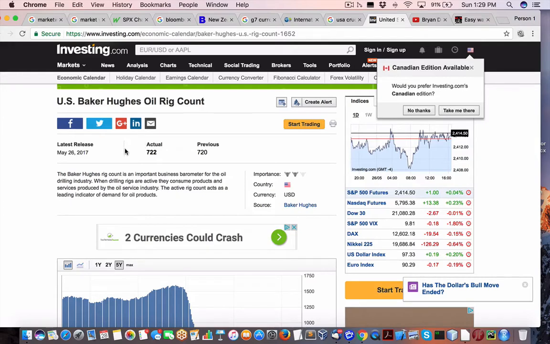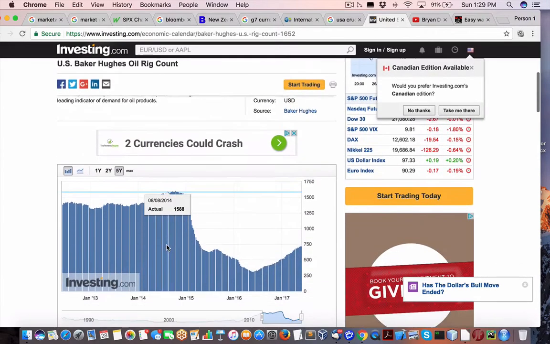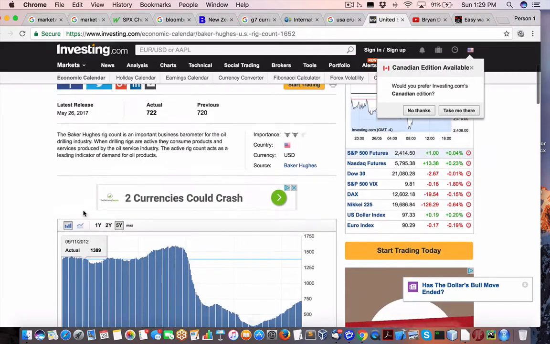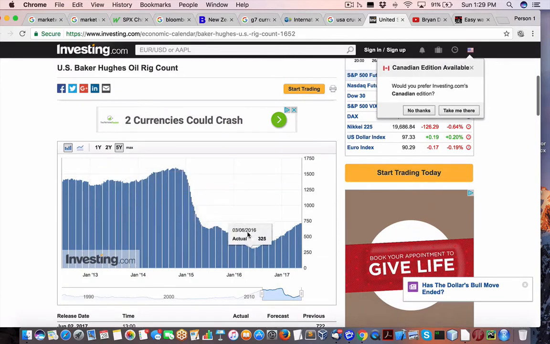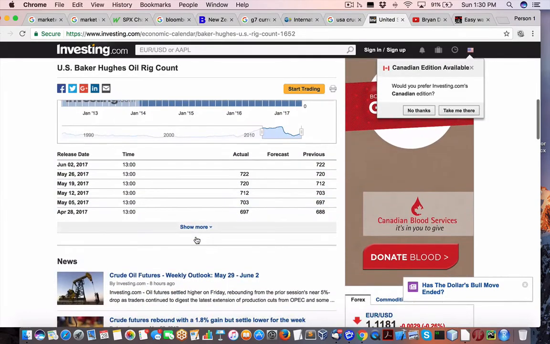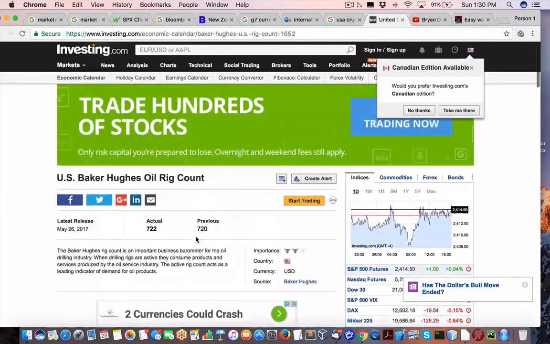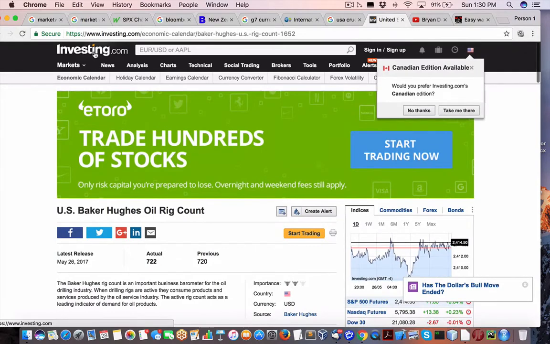But obviously the U.S. is quite big. But you can always measure the overall rig count of drilling in the U.S., which up until this point, January, it seems to be, is it weekly? Yes, it's weekly. So you can see it's starting to tick up a bit. Very interesting. I'll put that link on my blog as well.